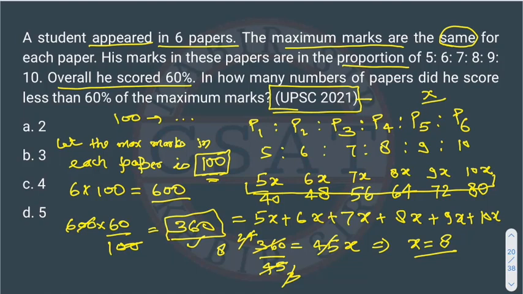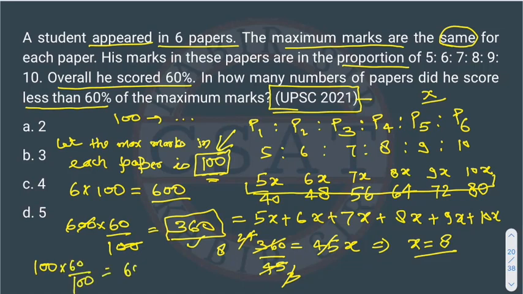Now what he is asking is, in how many subjects or papers he scored less than 60%. So we have to find out in which papers he is getting less than 60% marks. What is the maximum marks for each paper? We assumed 100. So what is 60% of it?